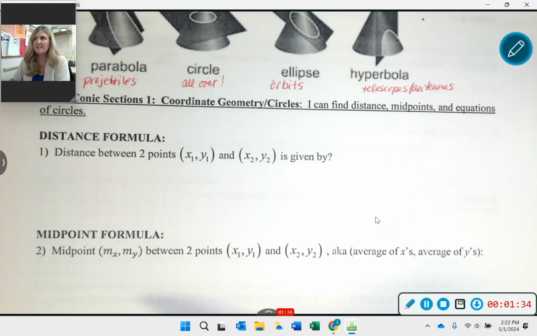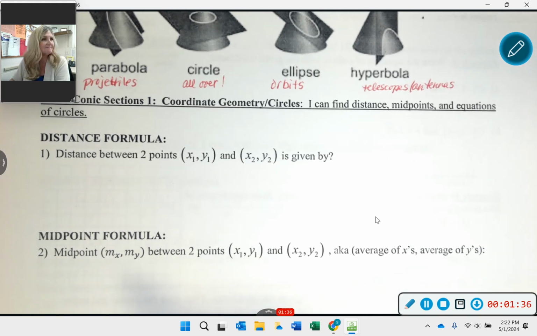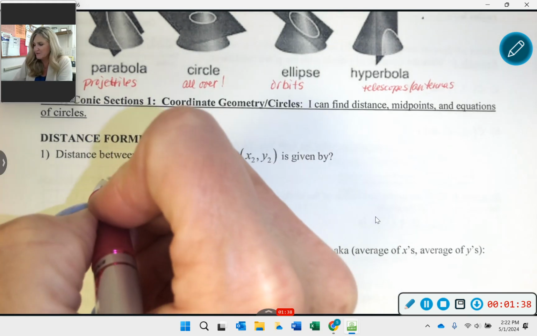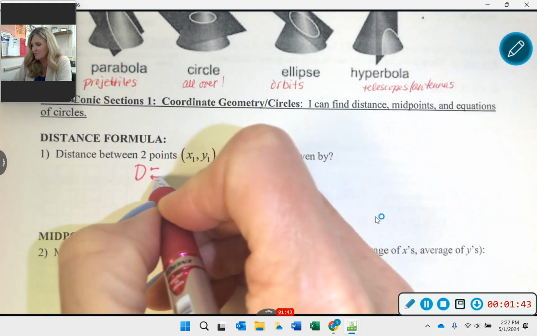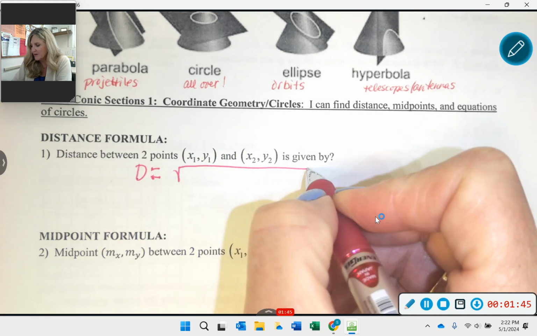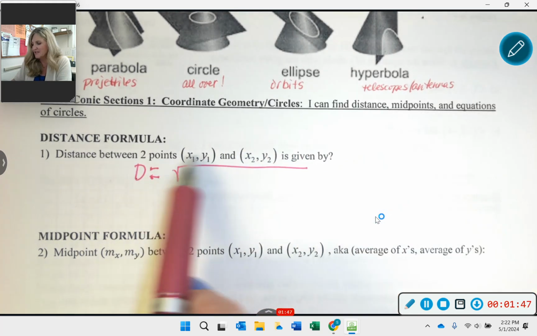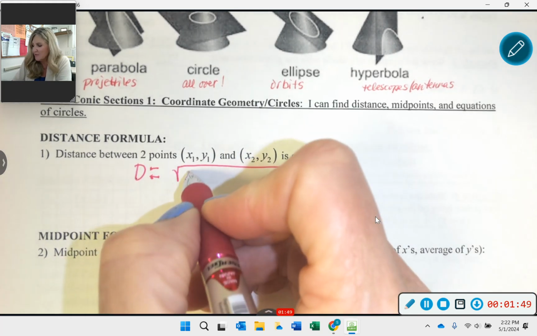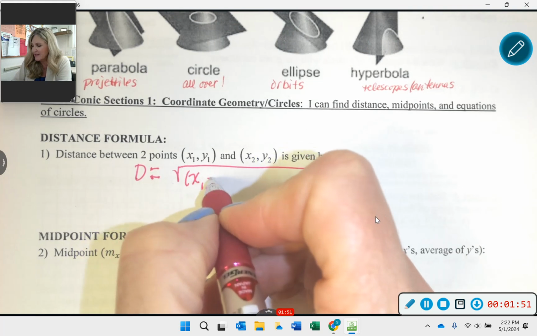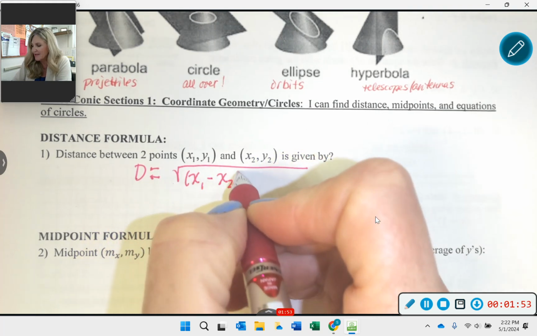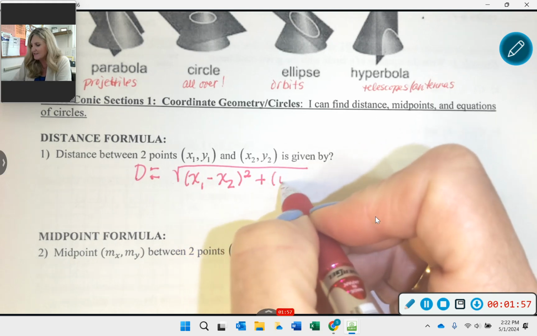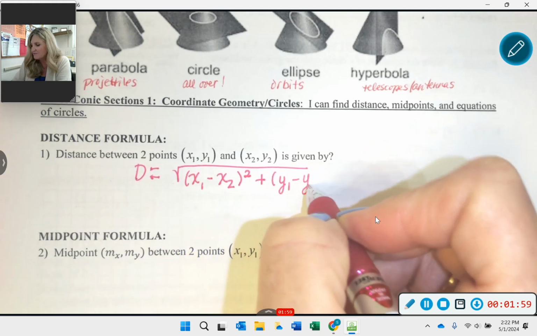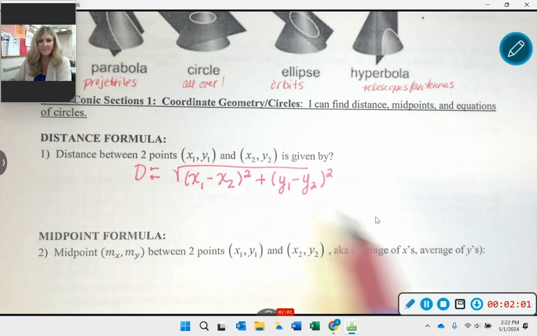All right, so we're going to start off by reviewing the distance formula. Do you guys remember the distance formula from geometry? No? Okay, here's what it says. The distance between 2 points is equal to the square root of the following. We have to find the difference in the x's, so we subtract the x's and square it, and then we add the difference in the y values squared.